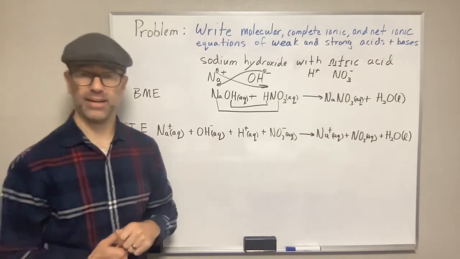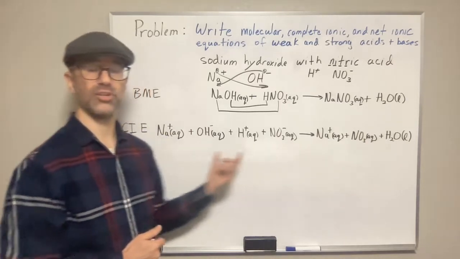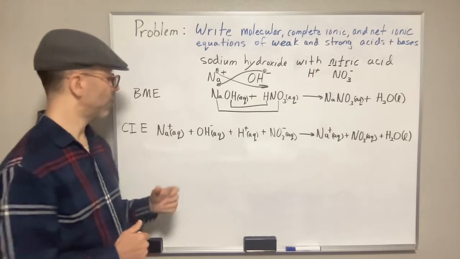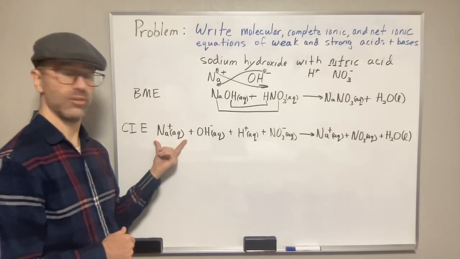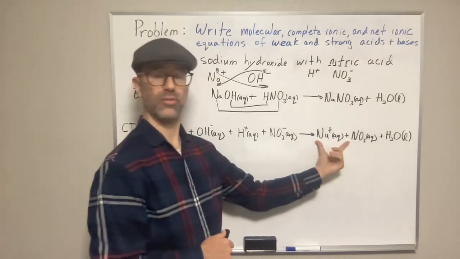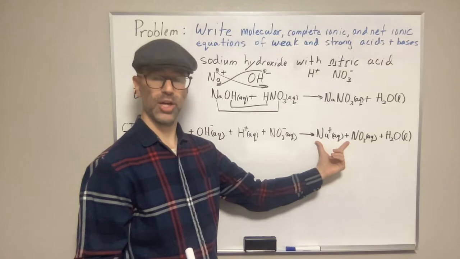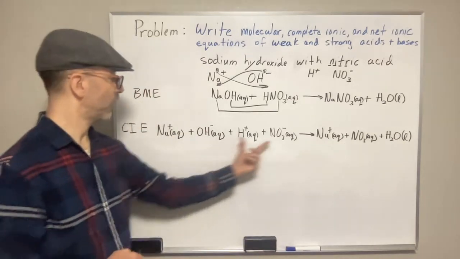Another way that you can identify your spectator ions is to look at both sides of your equation and see what stays in the same state, right? So here we have sodium plus aqueous, and here we have sodium plus aqueous. That's in the same state. It doesn't change. So that would be a spectator ion. We could get rid of that. And the same thing for the nitrate.